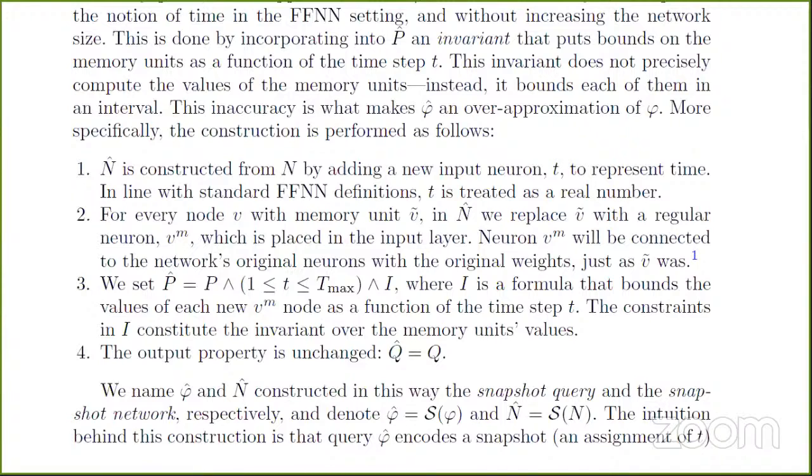So you replace this memory unit by a memory neuron and place that memory neuron in the input layer, but then connect it to the neuron that it was connected to anyway. Remember that in feed forward neural networks, you don't have connections that jump a layer. So this is an exception to that. These connections will jump layers.